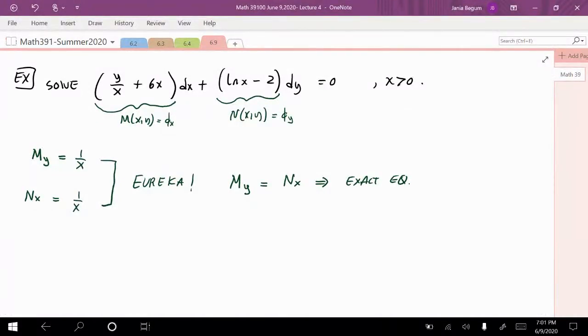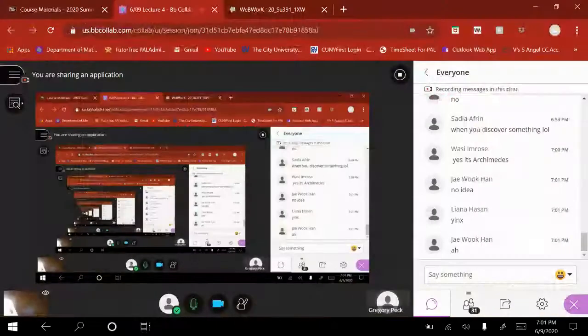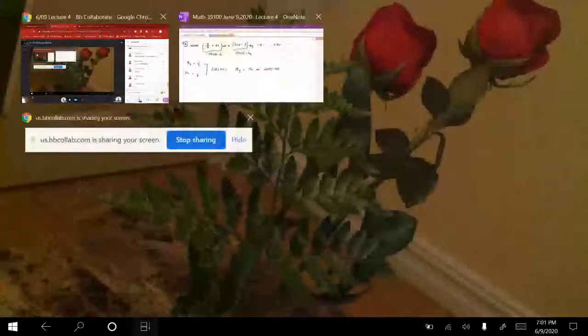For this question, it's nice because if you take N and integrate with respect to y, ln of x is just playing as a constant, right? It's not a big deal. But if you had ln of y and you're integrating with respect to y, then how do you integrate ln of y? Let me know if that makes sense.